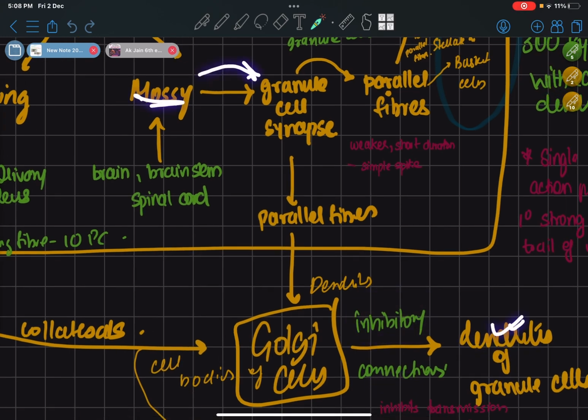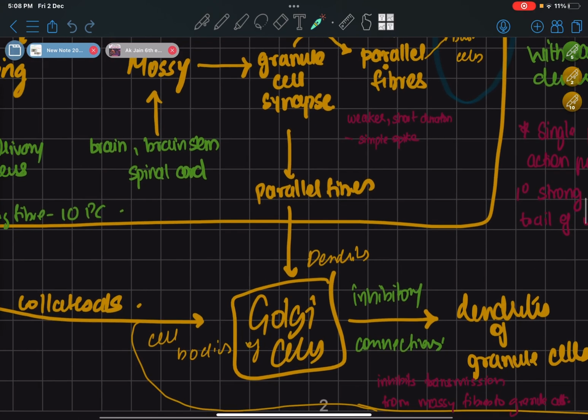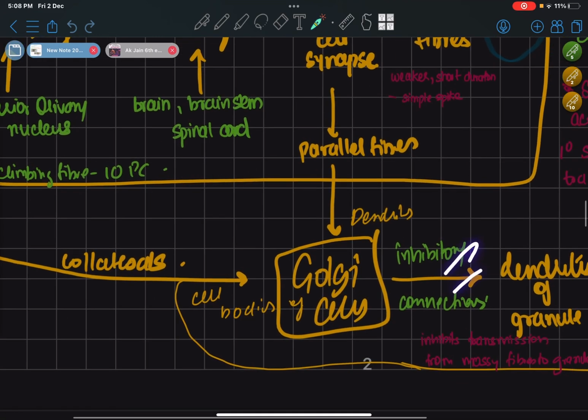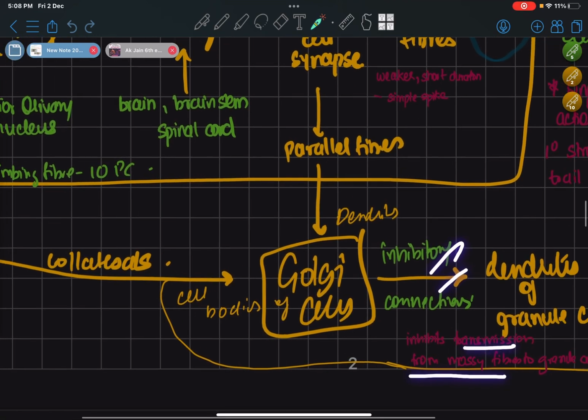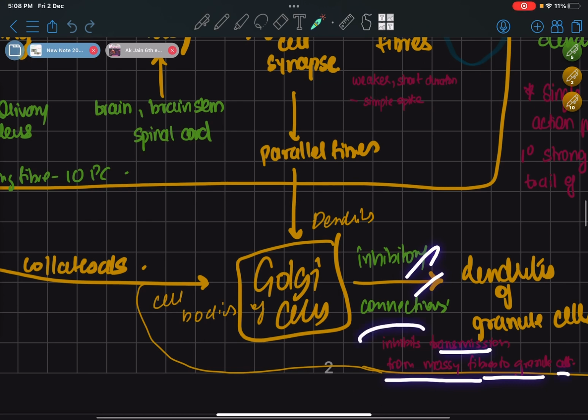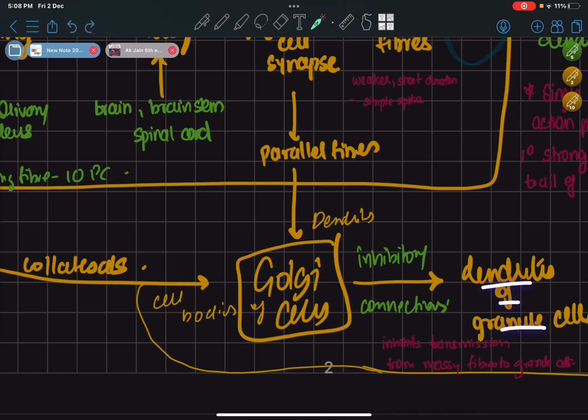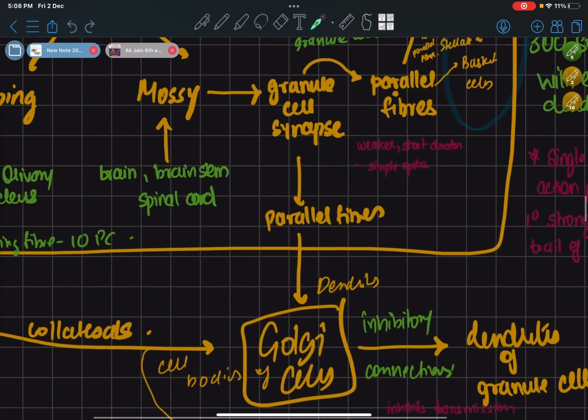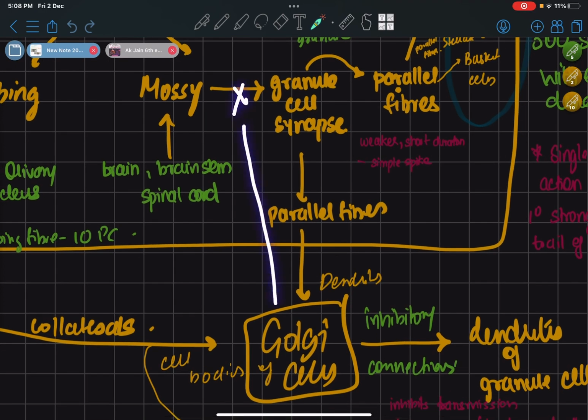Mossy fibers, right? Because of these inhibitory connections, the transmission from the mossy fibers to the granule cells is inhibited.